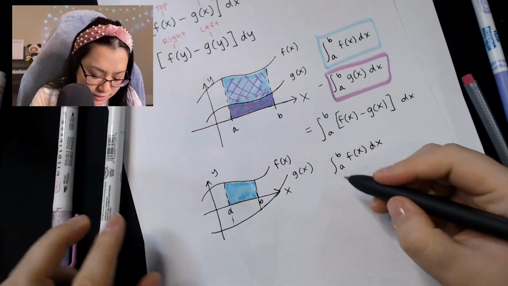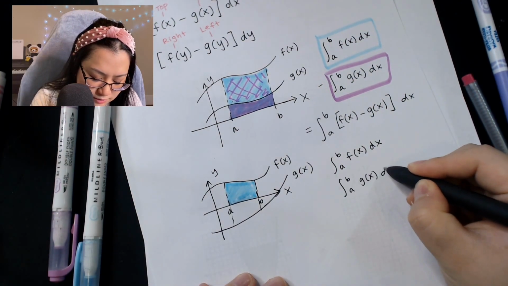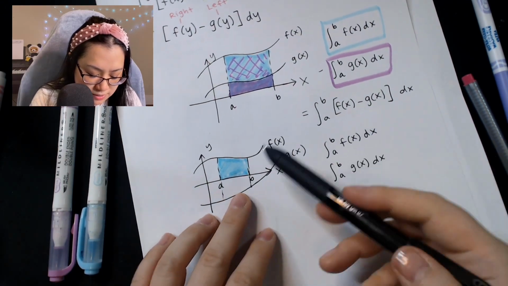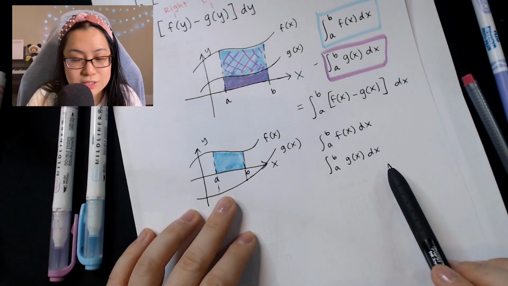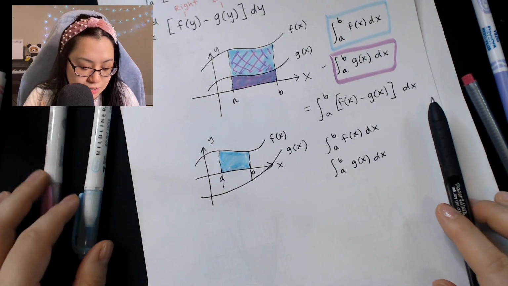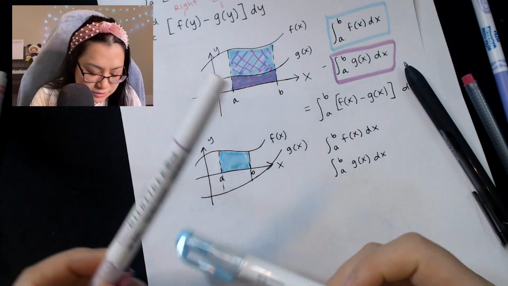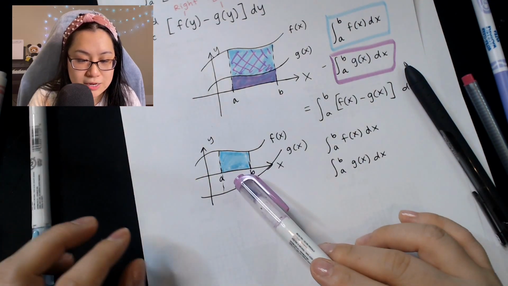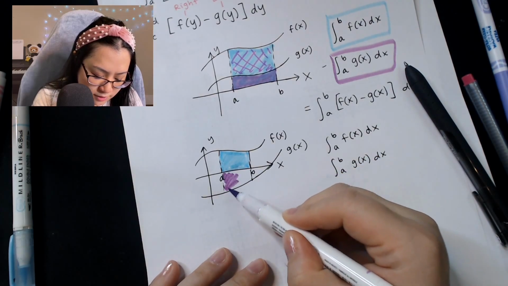If I look at g of x dx, the integral from a to b, this is interesting. So this would not necessarily give me the area. It is almost the area, but it is going to be negative here.